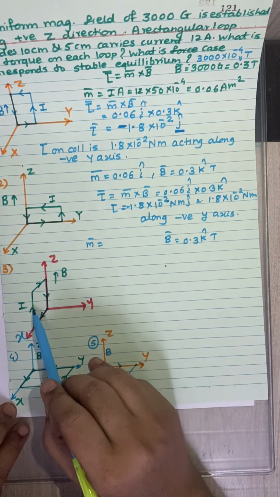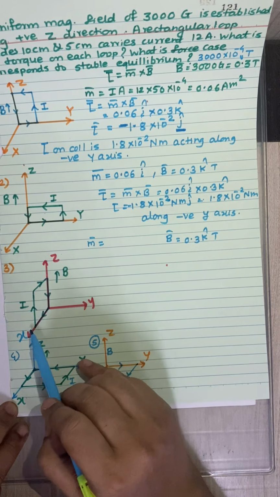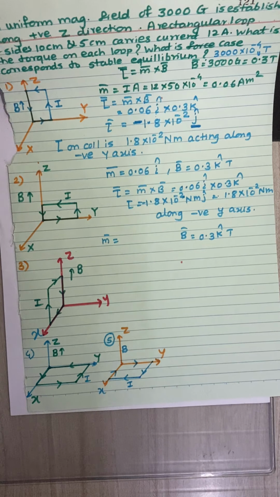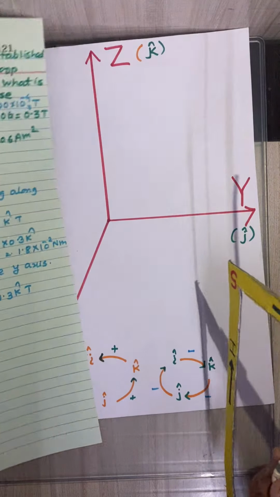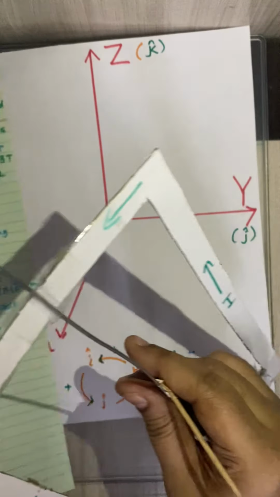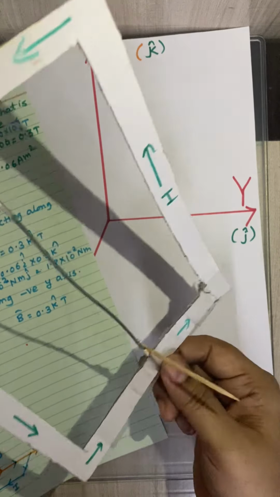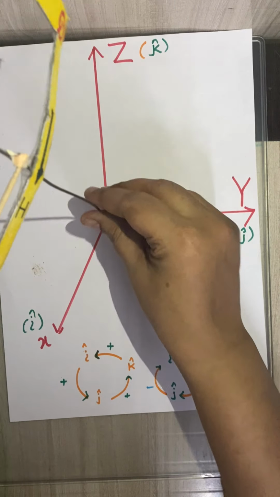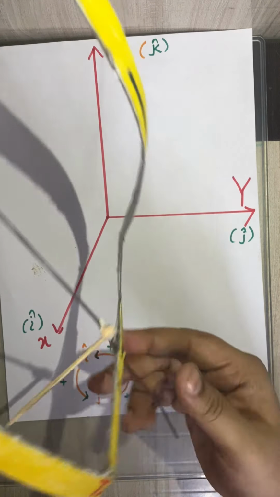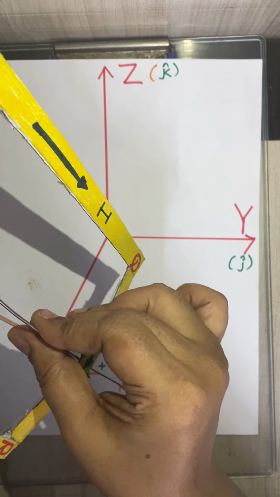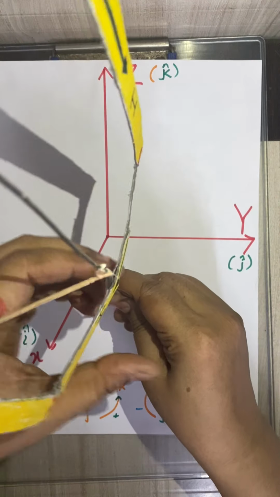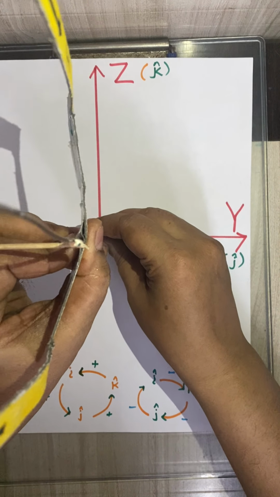Now in this case we are going to find the direction of the magnetic moment. Suppose we consider the direction of the coil in this way. They have said that the direction of the current is clockwise.